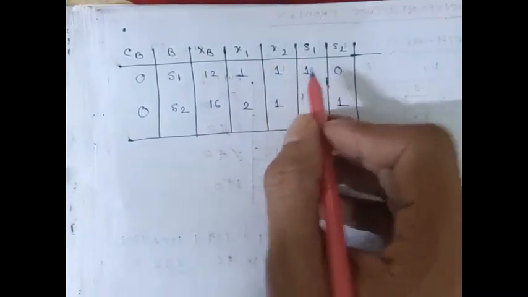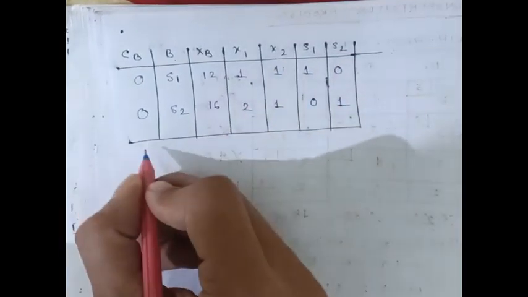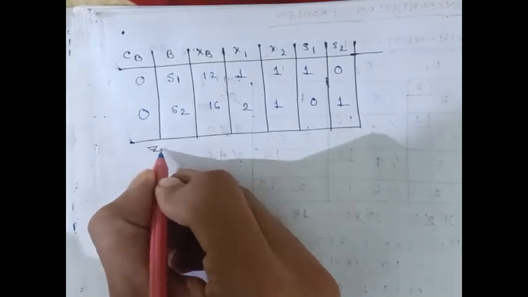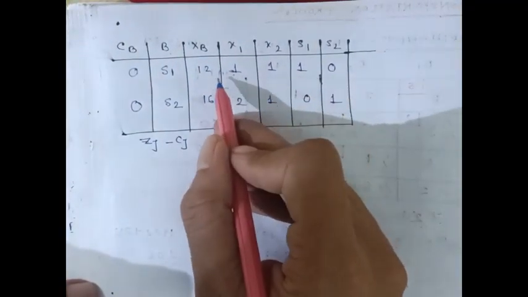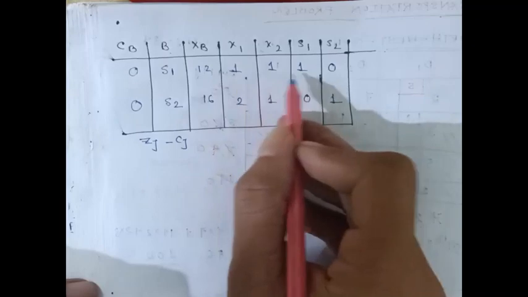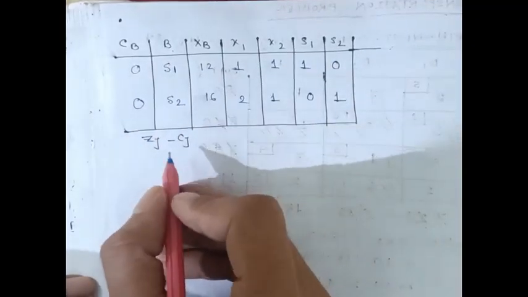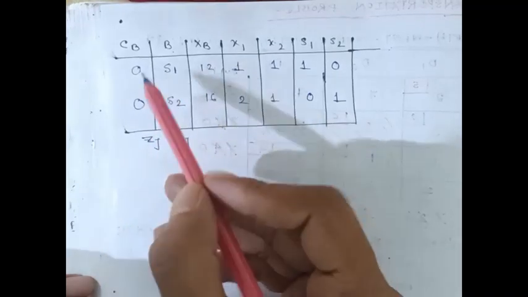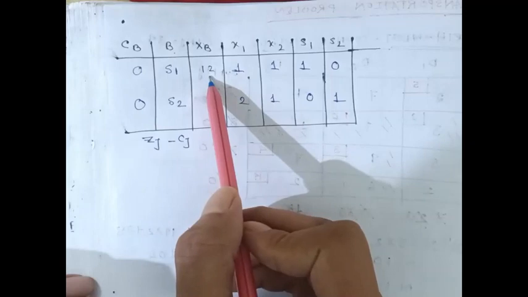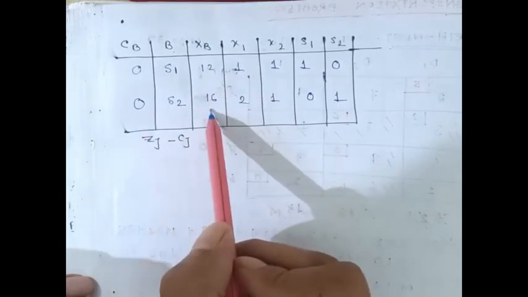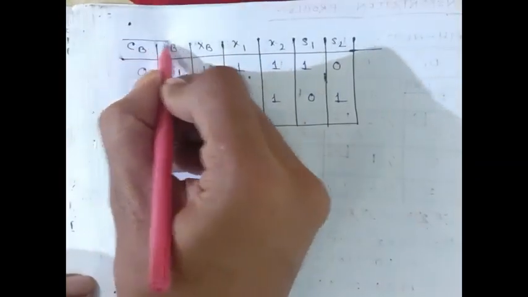Now we have to calculate zj minus cj. You can directly copy these items from the matrix. For zj, multiply 0 into 12 plus 0 into 16, which is 0. We have to write the cj values here.